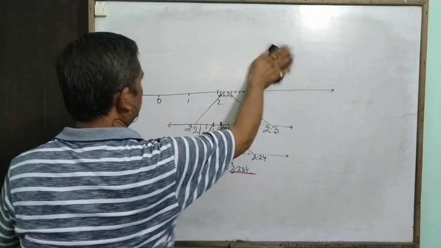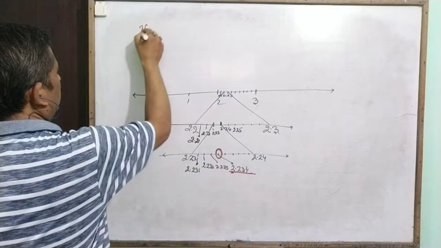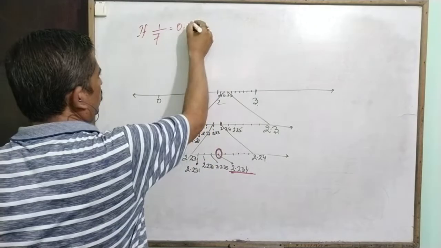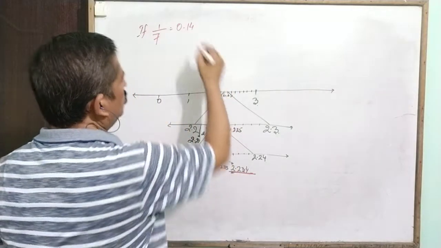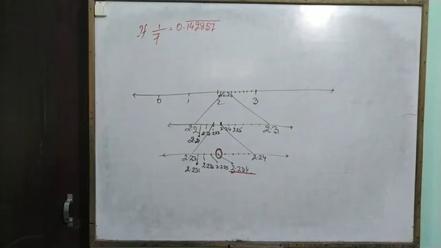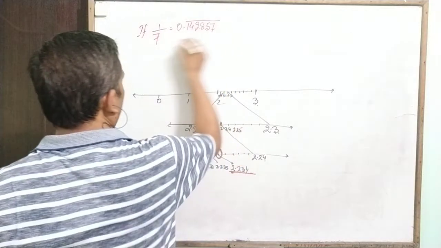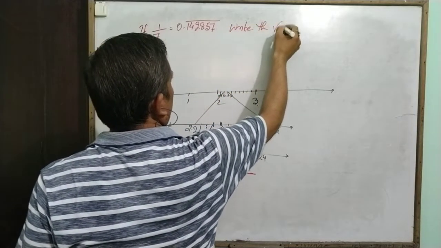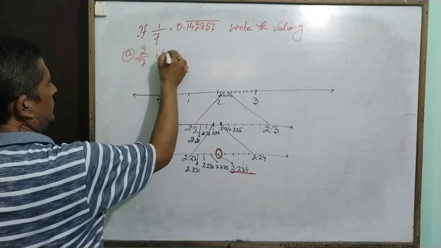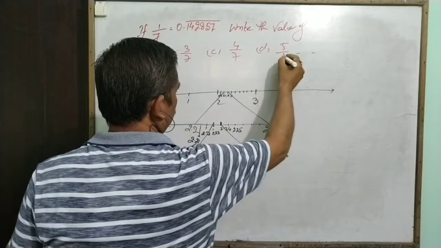And one question is that if 1 by 7 equals 0.142857 with a bar, write the values of 2 by 7, 3 by 7, 4 by 7, 5 by 7 and so on.